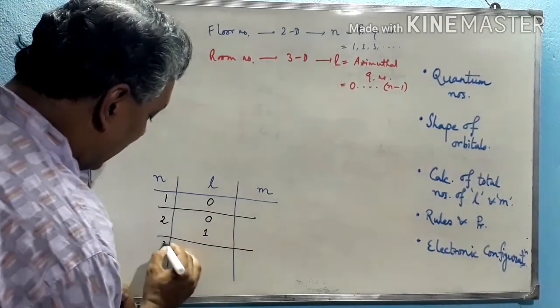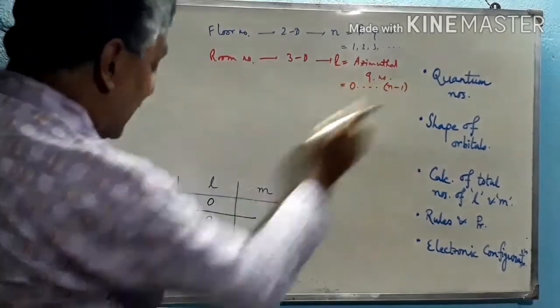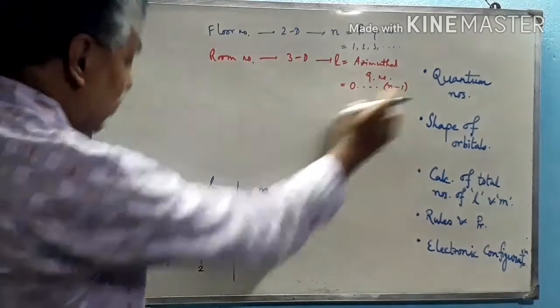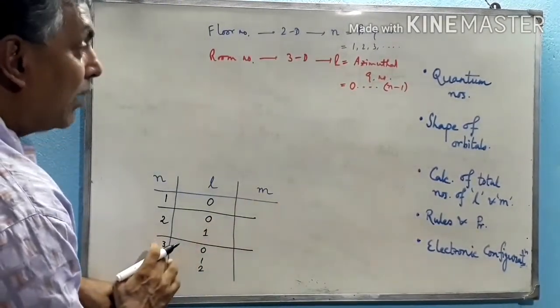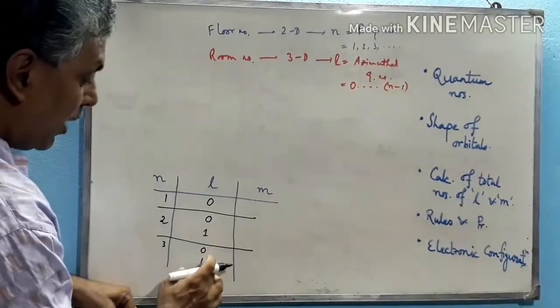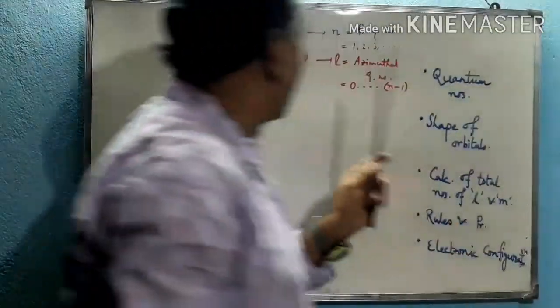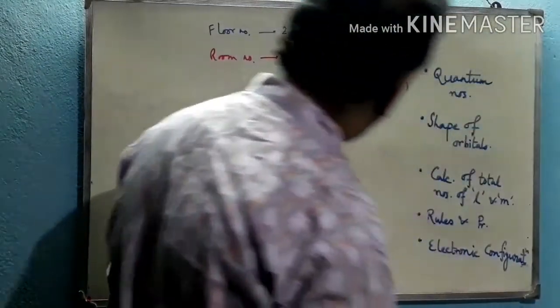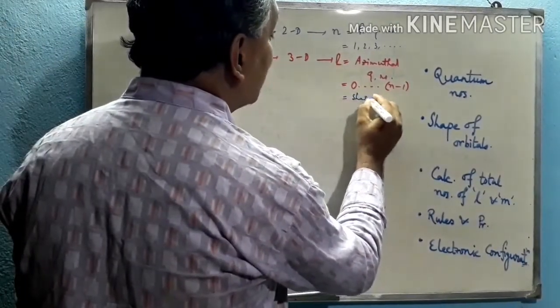For n equals 3, it will be 0, 1 and 2, that is 0 to 3 minus 1, and so on. So these are the subshells. l, the azimuthal quantum number, denotes the shape of the subshells.